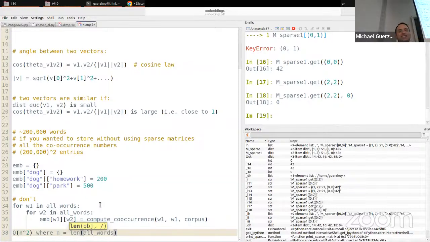What you want to do is go through each sentence, and for that sentence, say what the co-occurrences inside the sentence are. Update all the co-occurrences as you see them in this sentence, and then move on to the next sentence, and so on.